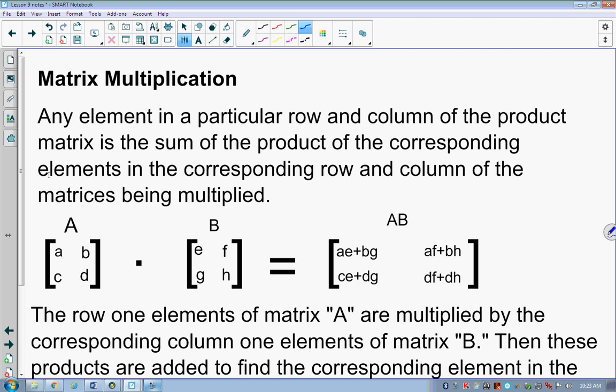I'm sorry. Hold on. I might have a typo in there. Let me double check. I think I've typed in something wrong. Yeah, it should be second row, second column, so that should be a C right there.